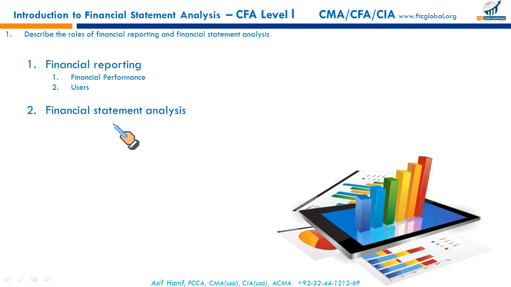Financial statement analysis uses the financial statements as a base, along with other relevant information from the economy, to extract and process information in a form that will be used to make economic decisions. It starts after the financial statements have been prepared. Ratio analysis, etc. We'll discuss all these in the coming lectures.